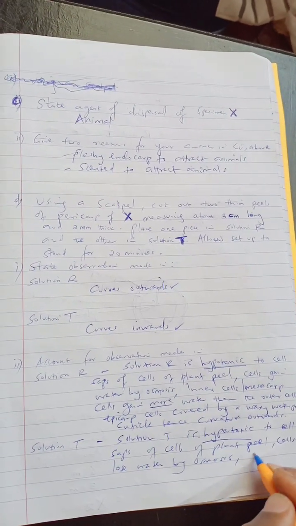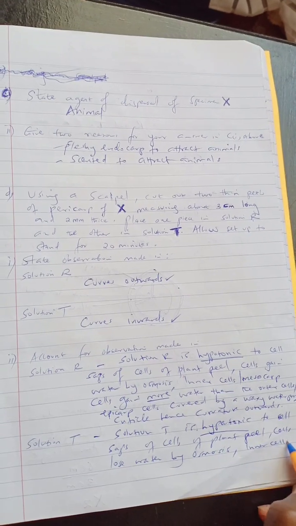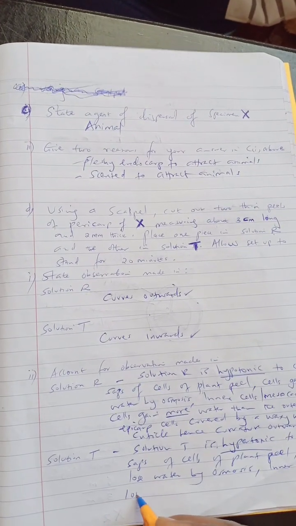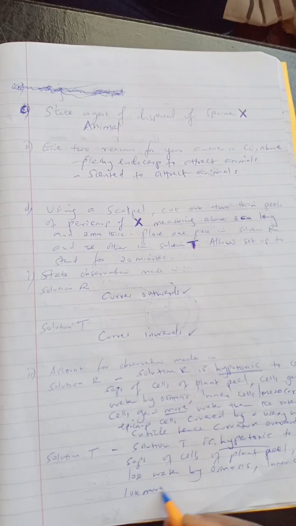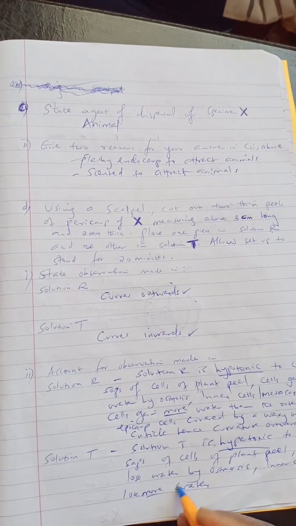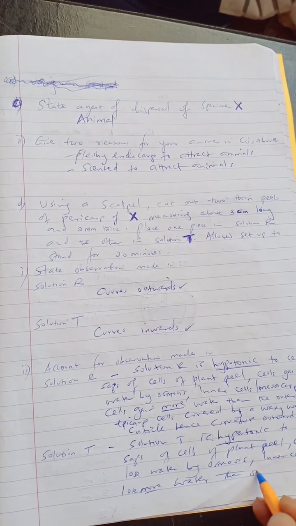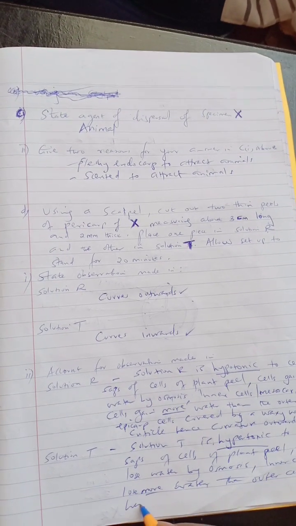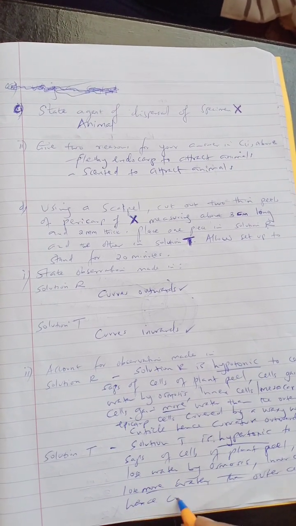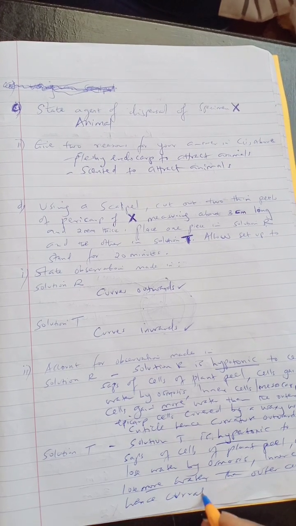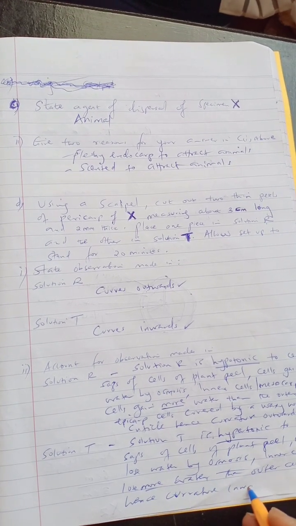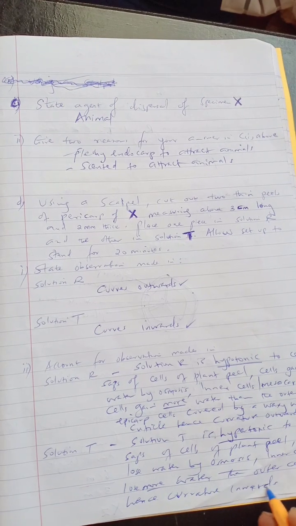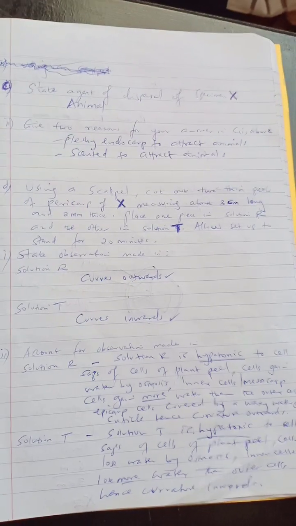And then you finish by saying that inner cells or mesocarp cells lose more water than outer cells, hence curvature inwards. So for this one, the mesocarp curves inwards.